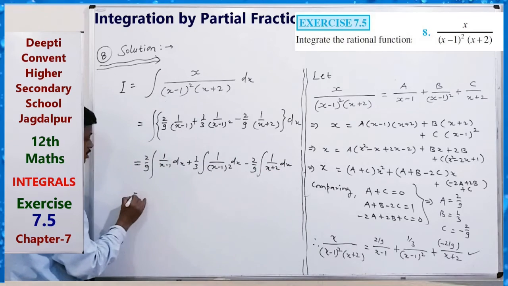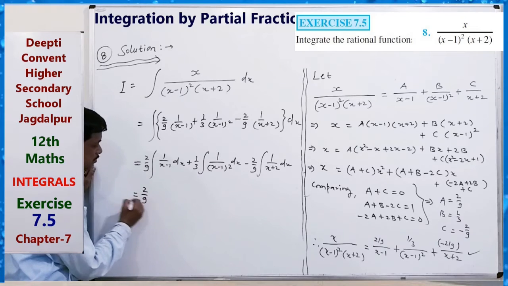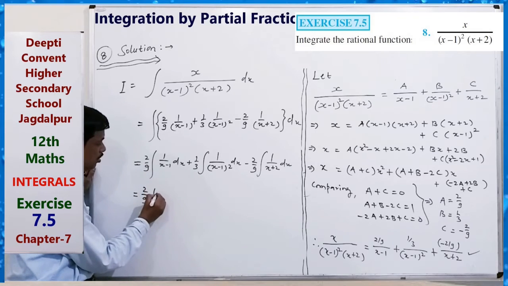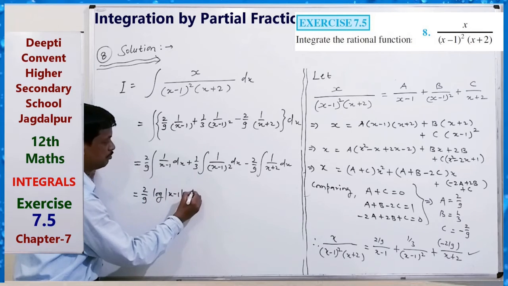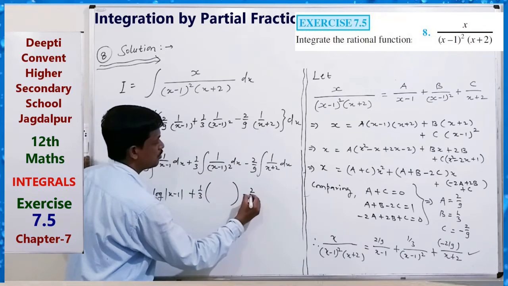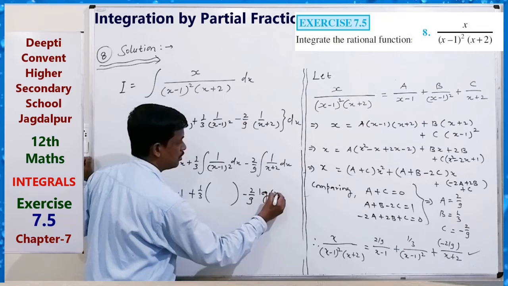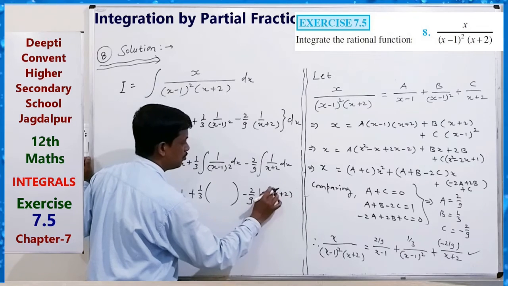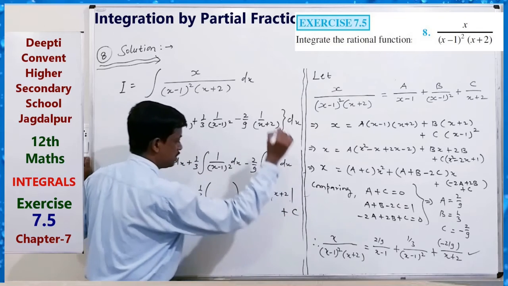Now we can integrate it: 2 by 9 log of mod x minus 1, plus 1 by 3, minus 2 by 9 log of mod x plus 2, plus constant.